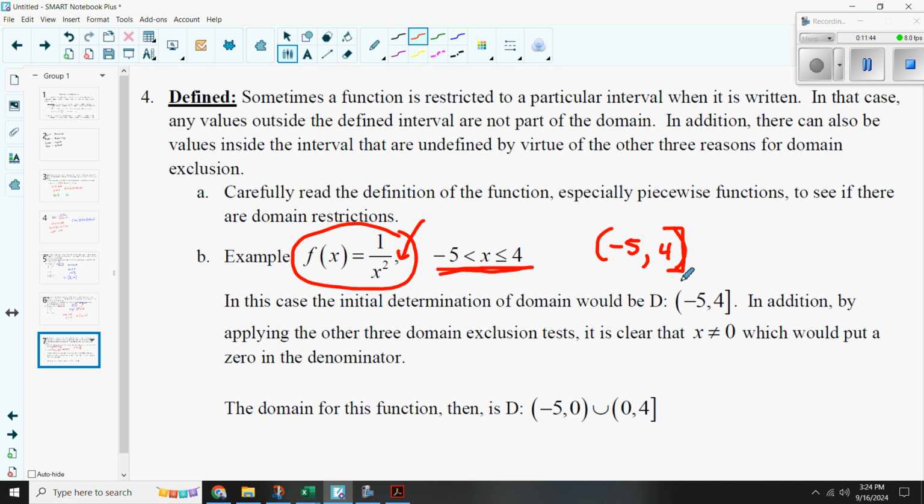But that's one of the reasons why you have to do these steps in order, because if you did the very first step with this function here, you would see that x cannot be equal to 0. So that's why the actual domain of this function is -5 to 0, 0 not included, and then I'm uniting that with 0 to 4, in which the 4 is included.